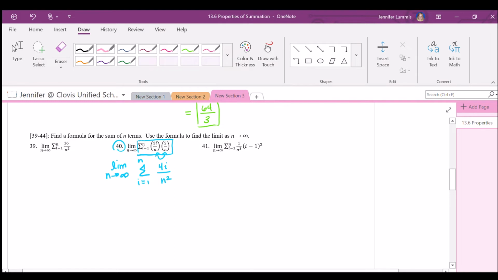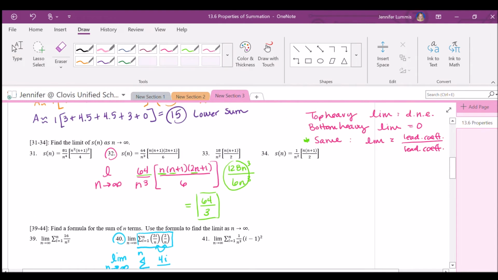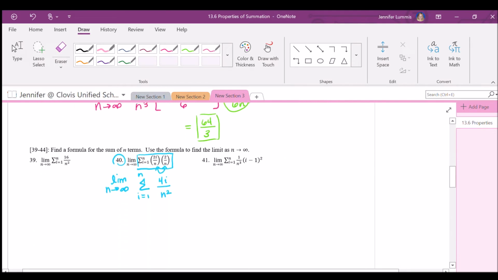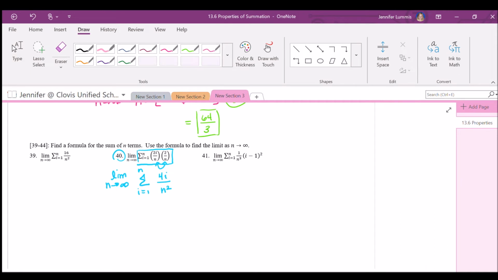Now, one of my properties of sums back here at the beginning was this first one here. I'd like to take out everything that's not an i term. Everything that's not an i term is considered a constant k, and in this problem, that includes 4 over n squared. That's everything that's not i, so we're going to take that out of the sum. We're just going to put it here.